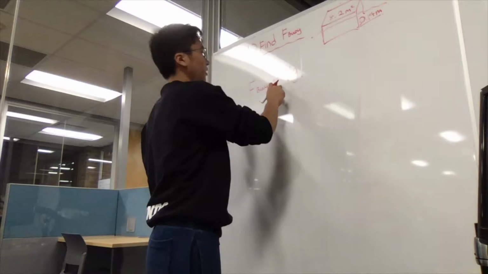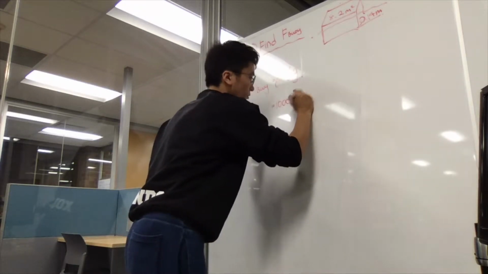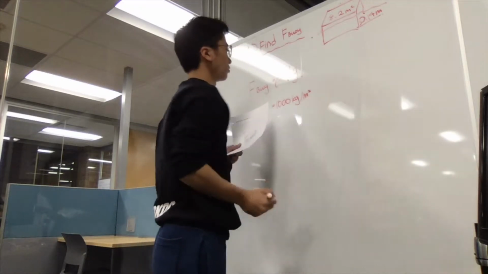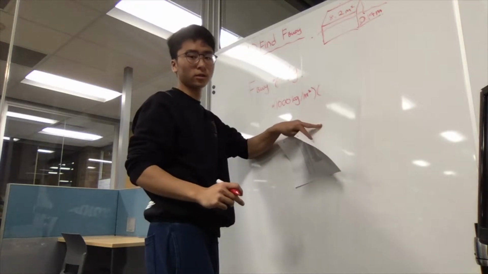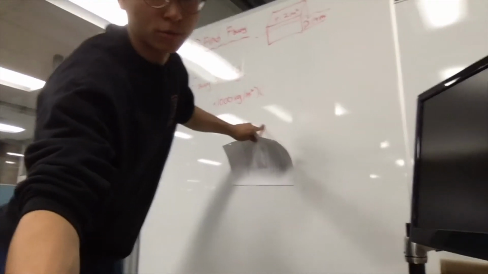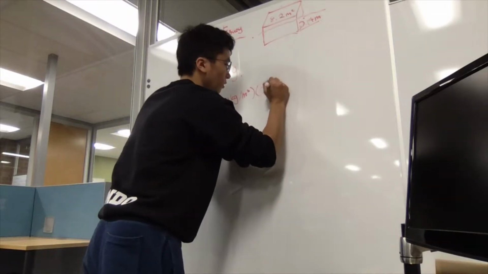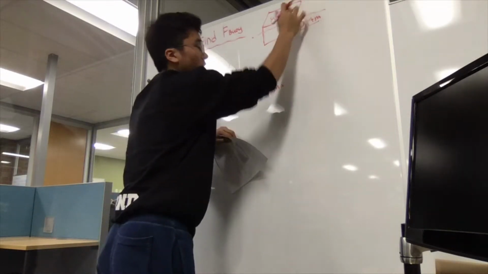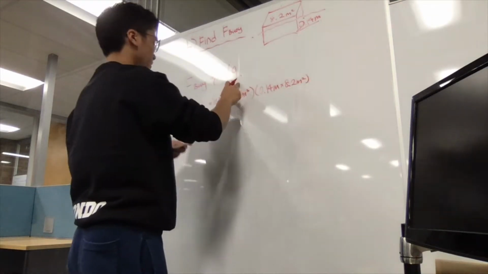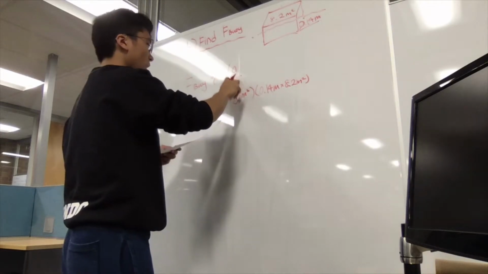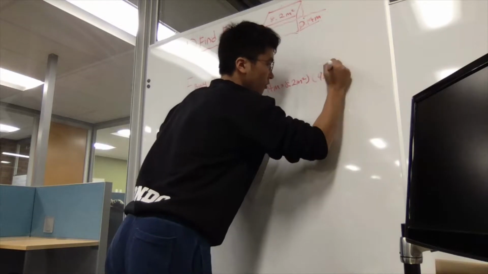Rho is the density of the water, which is 1,000 kilograms per meter cubed, times the volume that was displaced by the object. So it will be this height, 0.14 meters, times the area, 8.2 meters squared. And then finally, the acceleration due to gravity, which will be 9.8 on Earth.